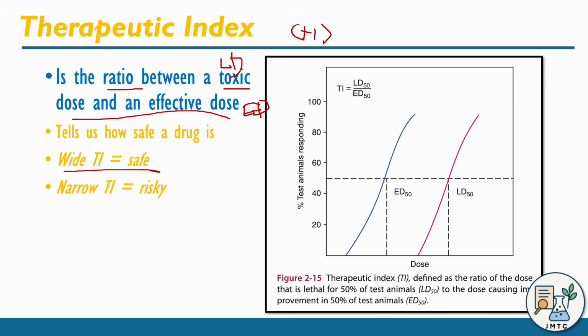But if it has a very small gap between tasty and harmful, for example, 1 spoon again is tasty and 2 spoons lang it will give you already stomach pain. That means it has a narrow therapeutic index and it is very risky. That's why it will be needing close monitoring.